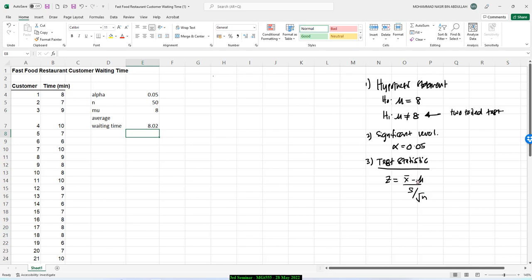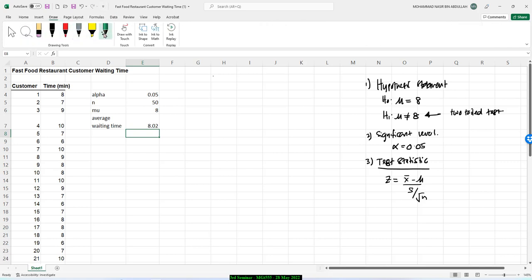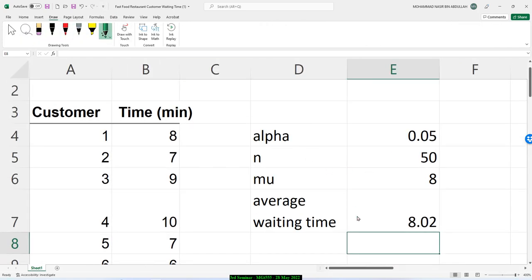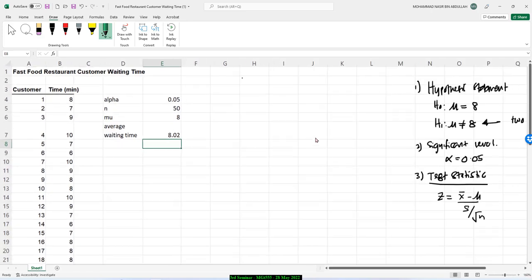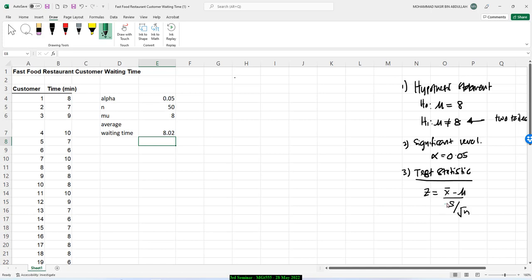And then we look at the Z distribution formula. Here we have the value of X bar.